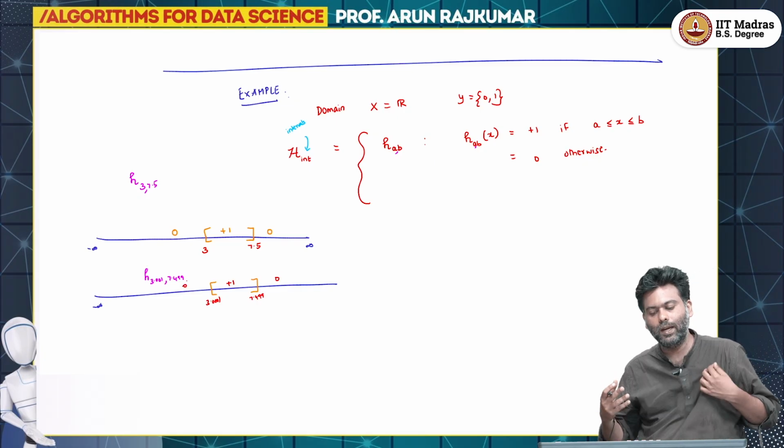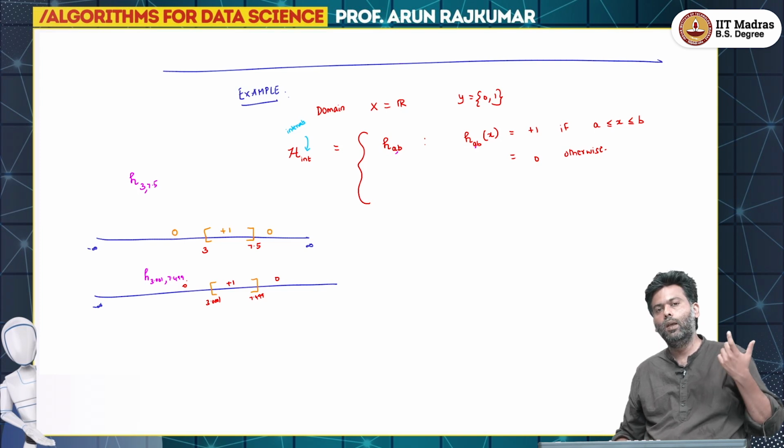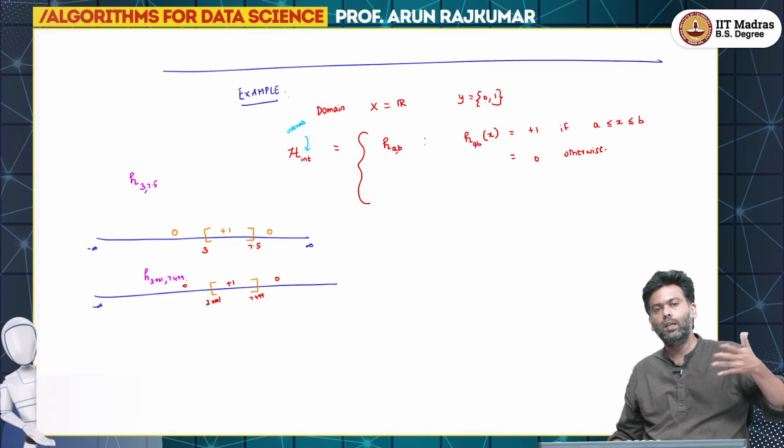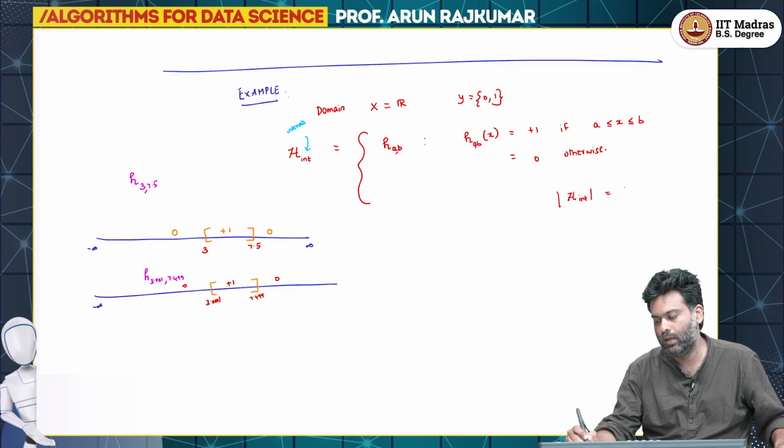So, as you can see, for every choice of a and b where a is less than b, there is a classifier, and because a and b can be any pair of numbers, there are infinitely many of them. So the size of H_int, the interval hypothesis class, is infinity.